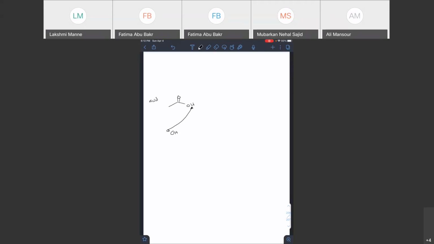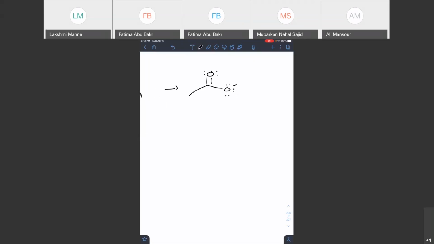After that, we get an O minus there and the double bonded O here. At this point, let's draw a lone pair so we can really see what's happening.